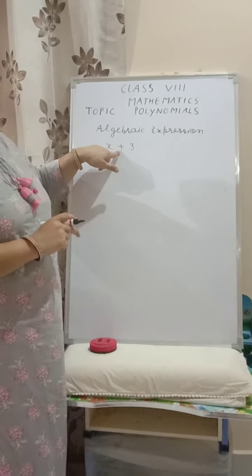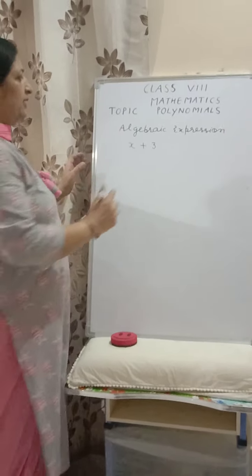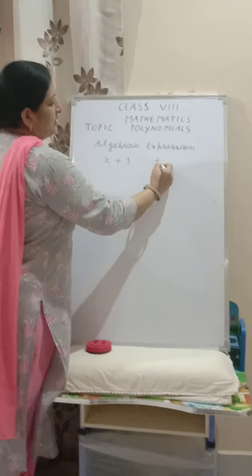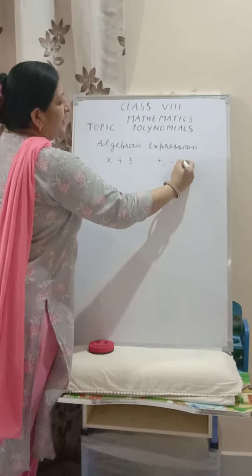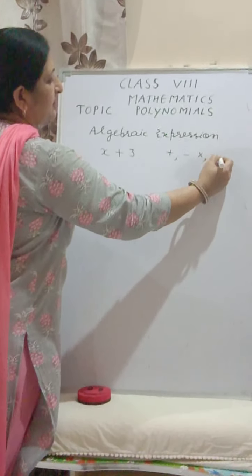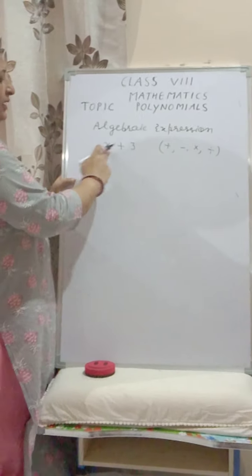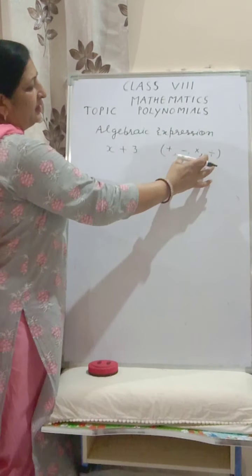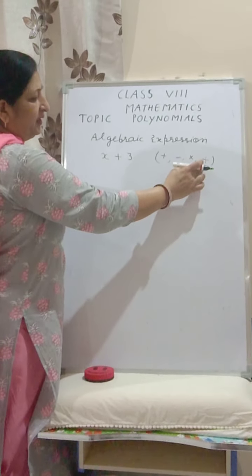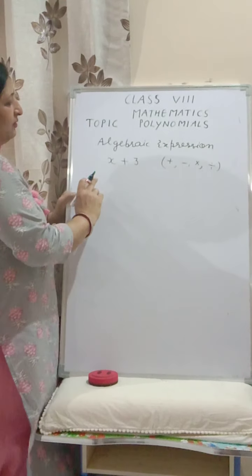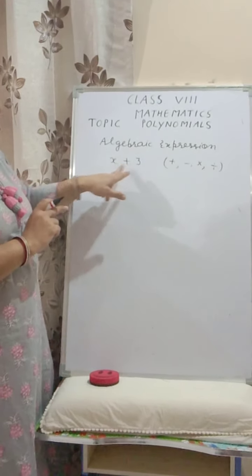What are the 4 fundamental operations of mathematics? Plus, minus, multiply and division. When we combine variable and constant with these mathematical operations, we get an algebraic expression.